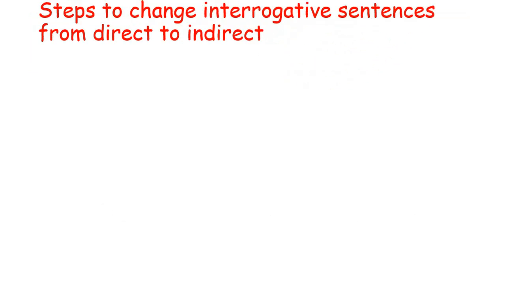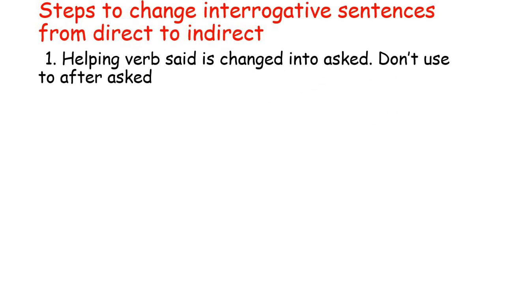Now the steps to change interrogative sentences from direct to indirect. What are the steps? You can write them down in your notebook, please. The first one is that the helping verb said is changed into asked. Said को asked में बदल देते हैं. Now don't use to after asked. Asked के बाद में आपको to शब्द का प्रयोग नहीं करना है.